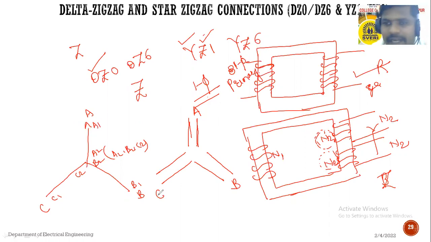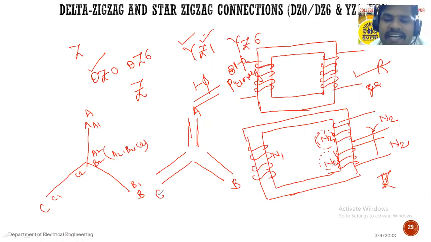OK, did you get the concept related to zigzag? What is the difference in it? General connections, star-delta, delta-star and zigzag. Did you understand the meaning of zigzag? In case of zigzag connection, the requirement is that two separate windings will be required on the secondary side of each phase.